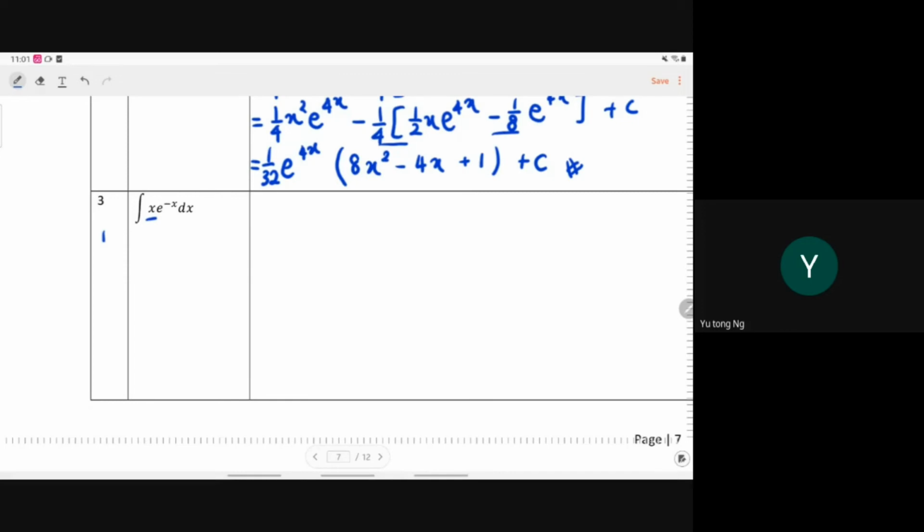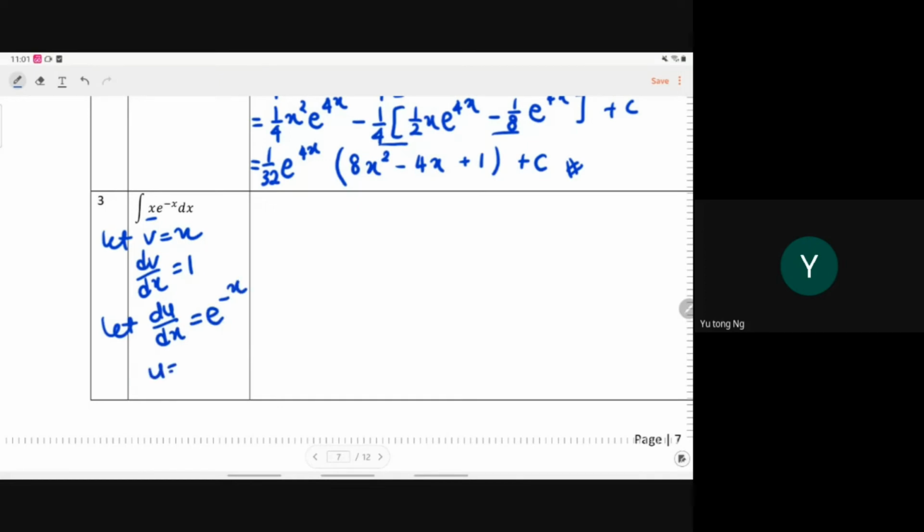For this x, let your v equals to x, so dv over dx equals to 1. Let u equals to e minus x. So, du over dx equals to e minus x.